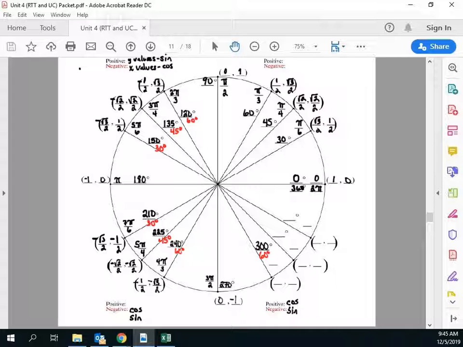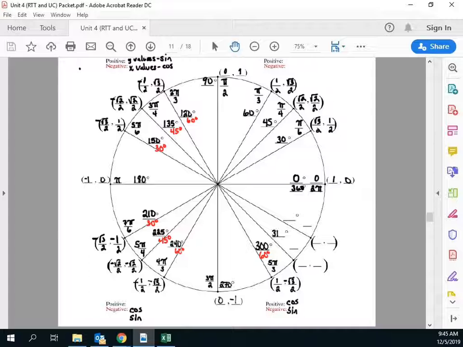This radian is 5 pi over 3. What are the coordinates of 60 degrees, guys? We're in the fourth quadrant, so what value is going to be negative? Sine, or y. Good.